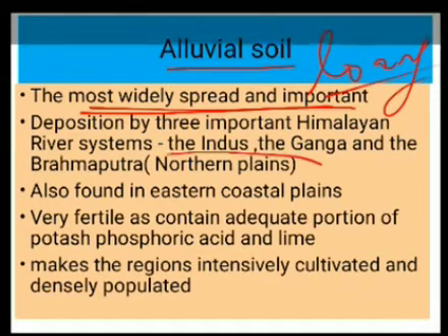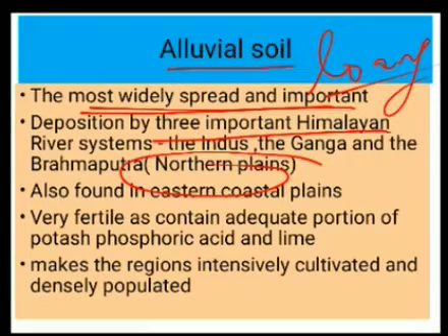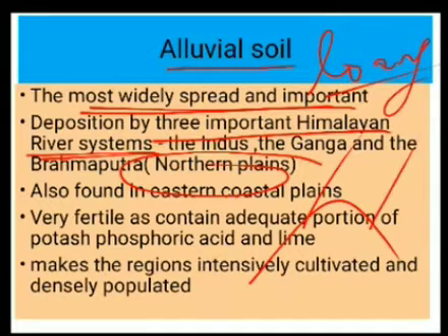Now, if we talk about the northern plains, the soil is formed by the three important Himalayan river systems, because these river systems bring alluvium, the finer sediments, straight from the Himalayas, straight from those mountains to the lower flood plains, the lower river valleys. If this is a mountain, this is the upper river valley. The river will start from here.